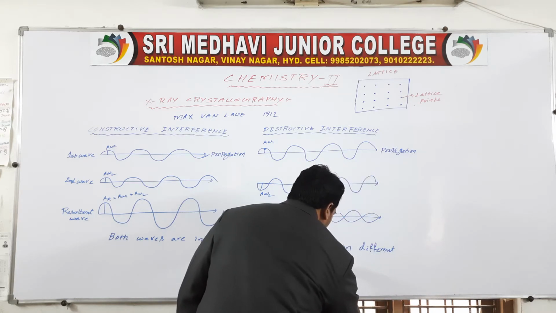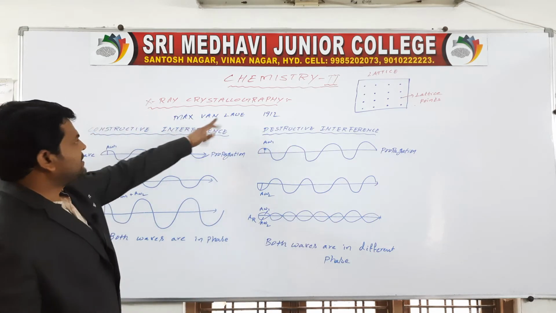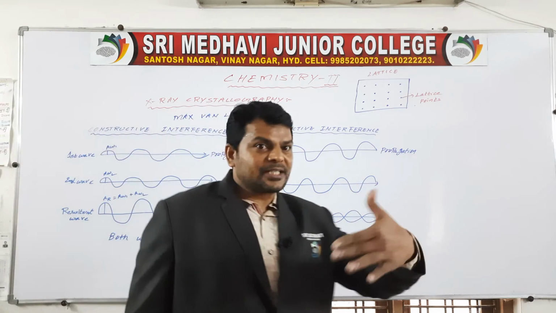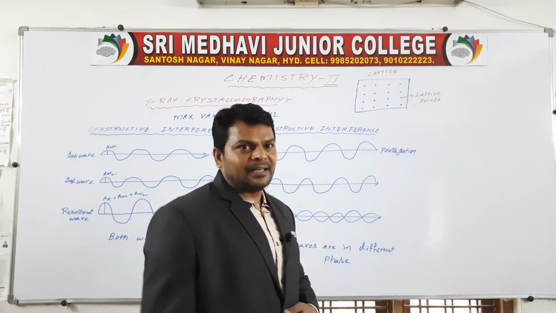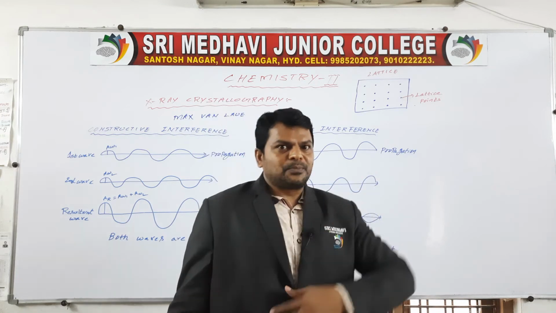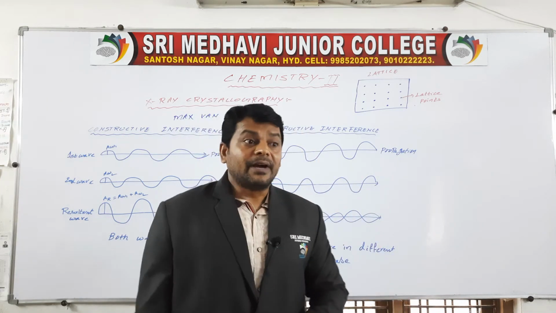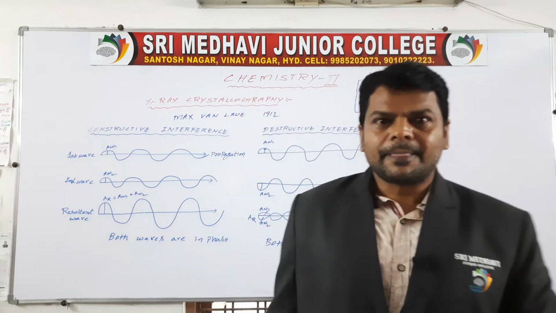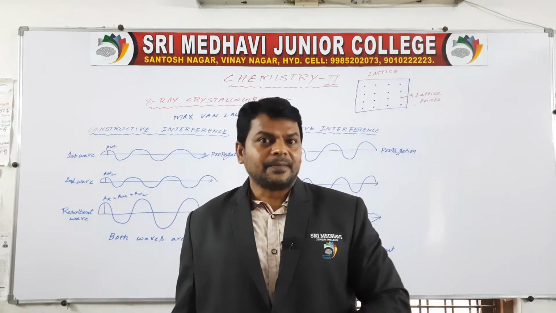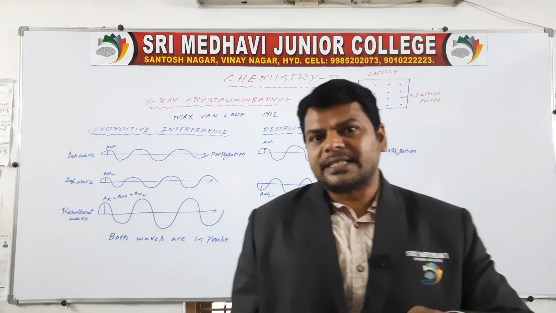Understand? According to Max von Laue, if you pass X-rays through the crystal plane, the X-rays are diffracted from the lattice points. Why do X-rays undergo diffraction? Because they undergo interference, which is of two types, constructive and destructive.